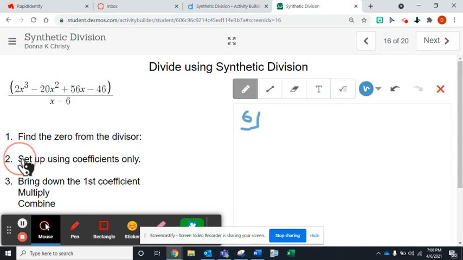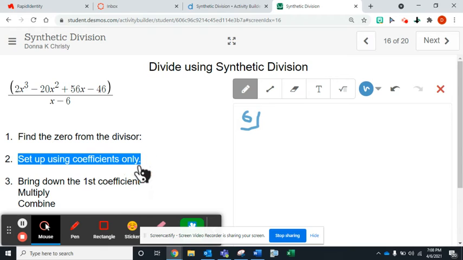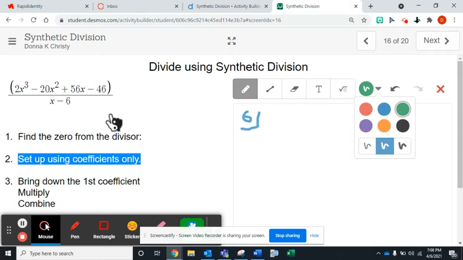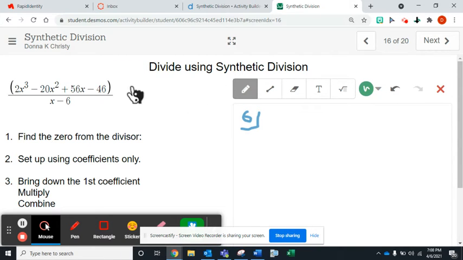Our next step: set up using coefficients only. So we're not going to use x cubed, x squared, or x. We're just going to use the numbers in front. This is our process to do synthetic division, and they have to be in descending order. If they're not in descending order, you'll have to put them in descending order.